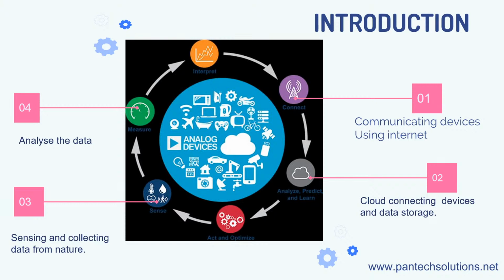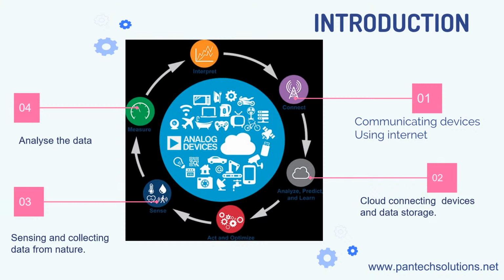Those data will be transferred to the cloud, but the sensor needs to collect the data first. After you complete those things, we will get some important data from the sensors. Using those data, we will do some graph analysis or machine learning prediction results.